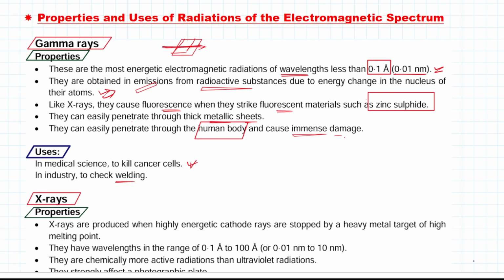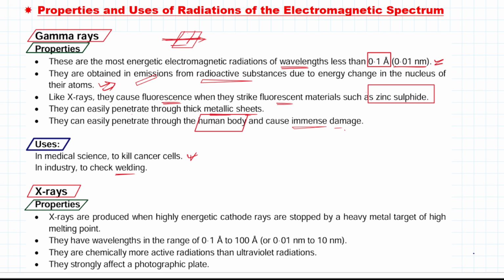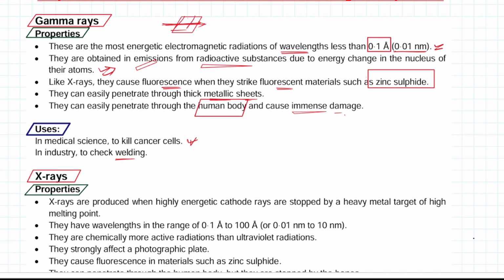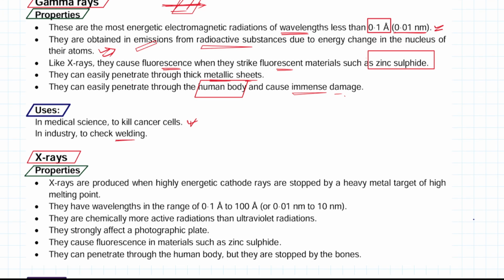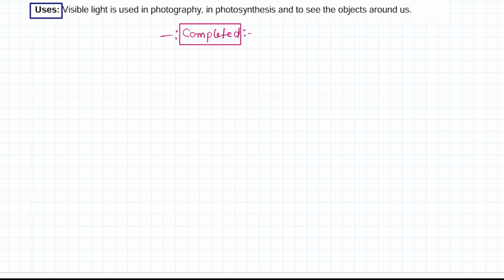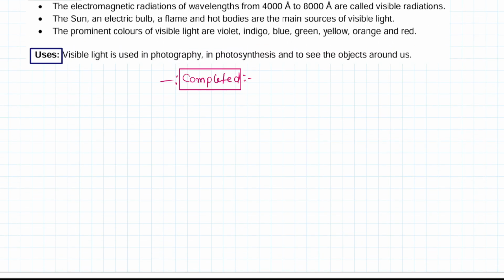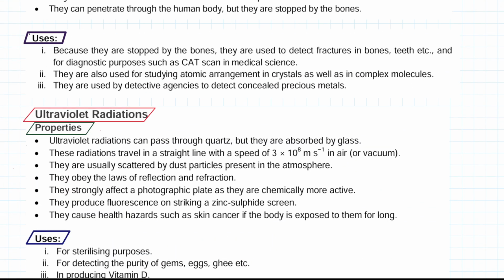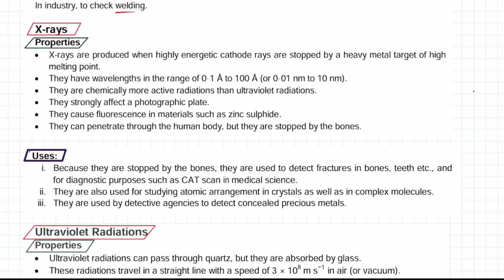Then the next one we have is X-rays. X-rays are produced when highly energetic cathode rays are stopped by a heavy metal target of high melting point.